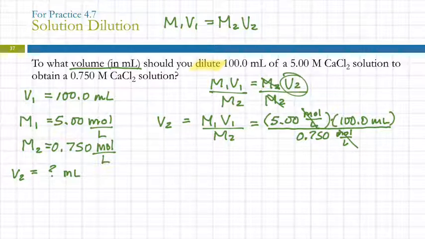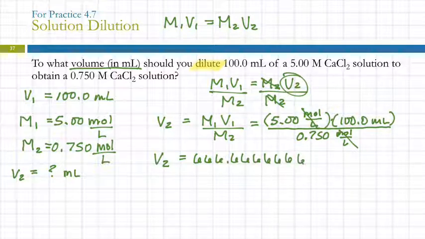So now I'm going to take my calculator, and I've got 5 times 100 divided by 0.750, and I get a lot of 6s. My calculator is showing me 666.666. Right? It's ridiculous.